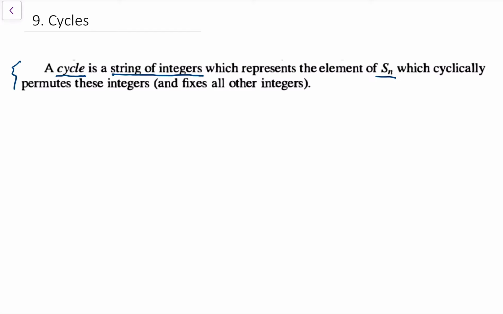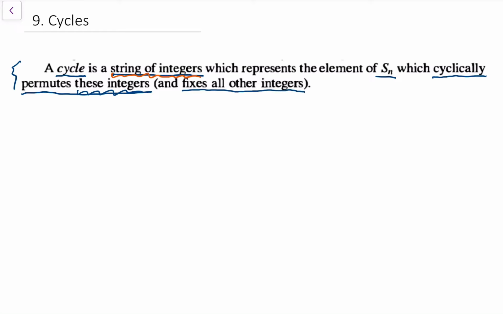Because the elements of the symmetric group are the permutations, a cycle is actually a permutation, and this permutation has the special property that it cyclically permutes those integers in the string which represents this cycle, and then it fixes all other integers which are not in this string.